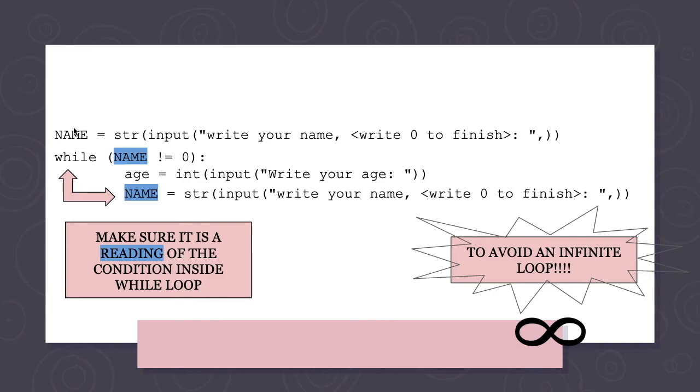Remember when I told you that you might fall into an infinite loop unless your while condition becomes false at one point or the other? Well, here's an example. This is a variable name and it holds a string value in which you write your name and write 0 to finish.